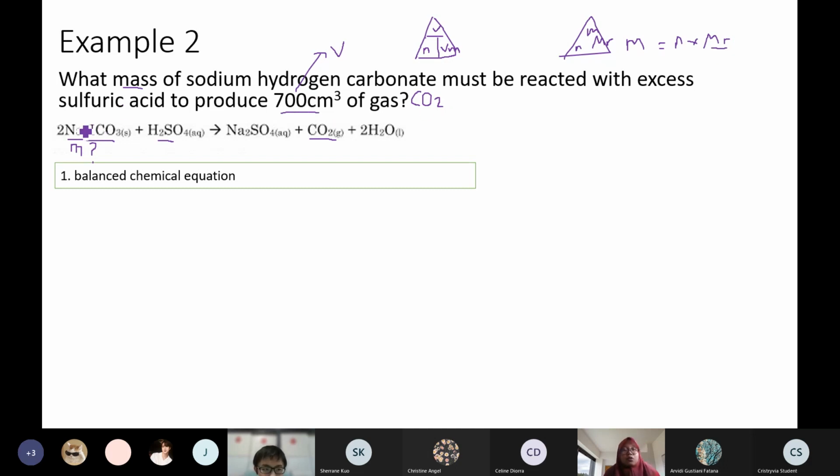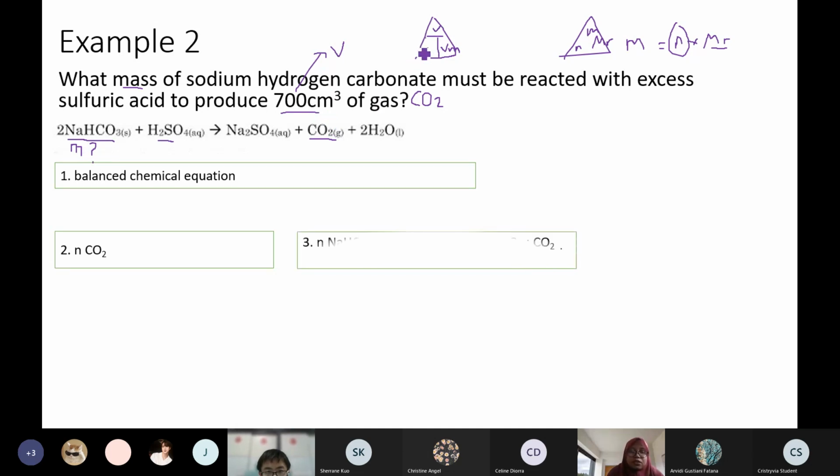Because we know the Ar of Na 23, H 1, C 12, and O 16. So we need to know the number of moles. How to find the number of moles of sodium hydrogen carbonate? By comparing the mole ratio between sodium hydrogen carbonate and carbon dioxide, because we can find the mole of carbon dioxide from the volume using this formula.